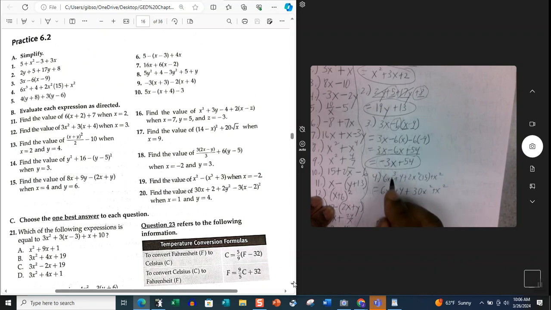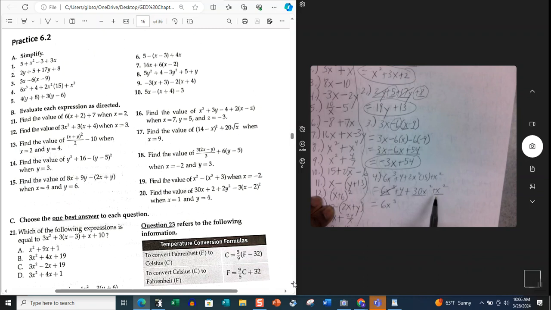So now that we did this, we have this first term, second term, third term, fourth term. So now we look at the variables. We have an x cubed. We have no other x's that are x cubed, so we bring that down. Next, we have x squared. We have 2 values that are x squared. This is 30x squared plus x squared.